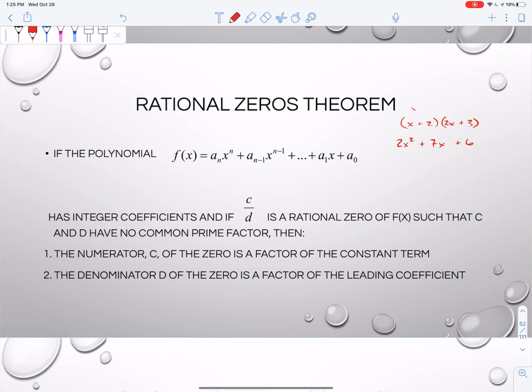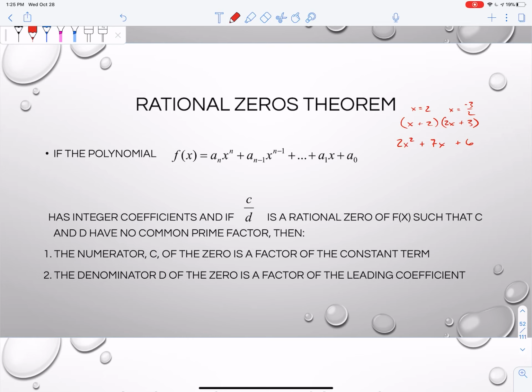You would agree that my solutions here had to have been 2 and negative 3 halves. Well, both 2 and negative 3 would both be factors of 6, and this 2 in my denominator is a factor of my leading coefficient, 2x squared. So this works in much larger, much bigger problems as well in the same way. This is just a very simple example of what it's saying.